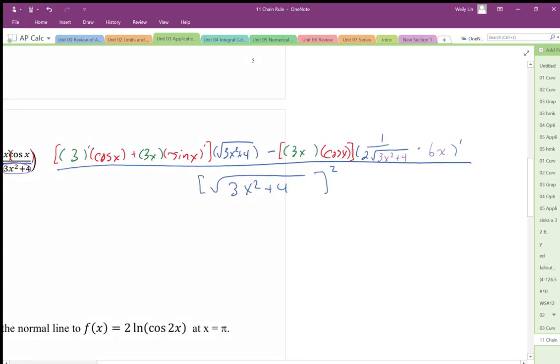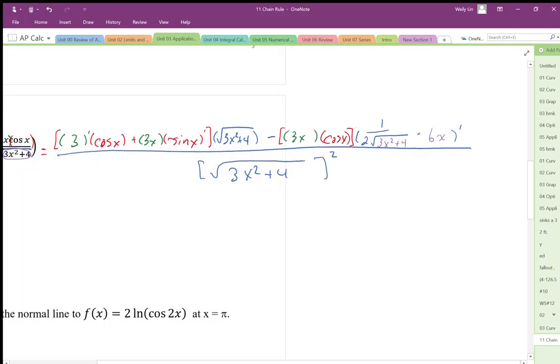There's my derivative. Now I don't know if I really want to simplify this, but I think we'll give it a shot. First of all, I'm just going to get rid of that square root by multiplying the top and bottom by 3x squared plus 4 over square root 3x squared plus 4. So what do we have here?